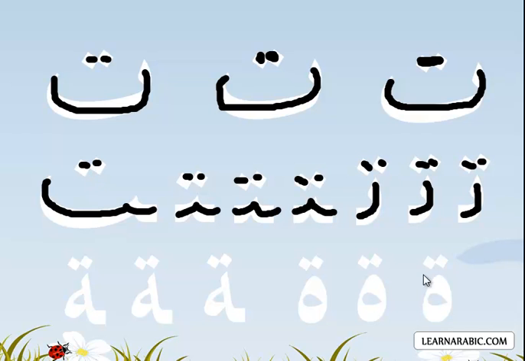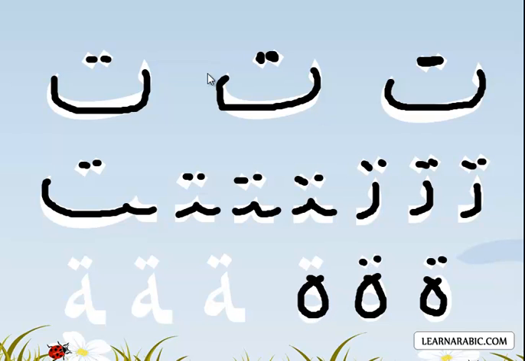Now the letter ta has some other variations, and the reason for those variations is to avoid confusion in words, because there are certain scenarios and situations in which if the letter ta was left as it is, like here, it would then make the word be confused with other words.